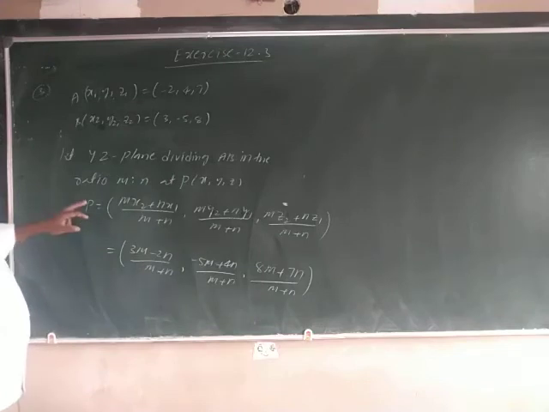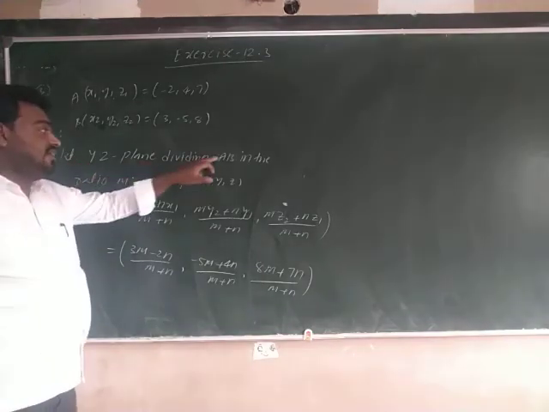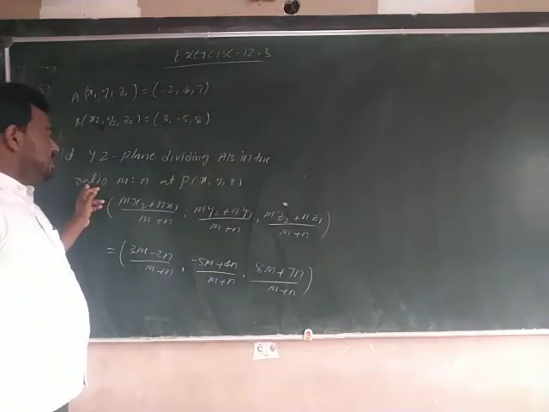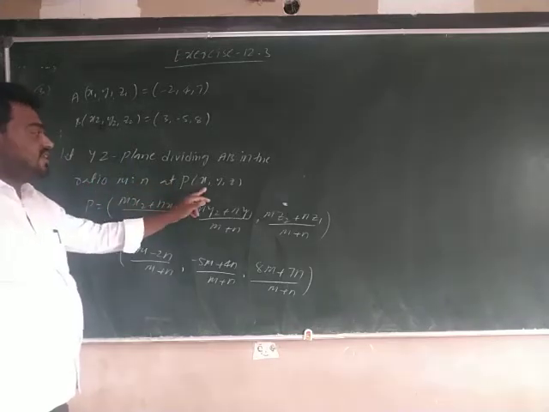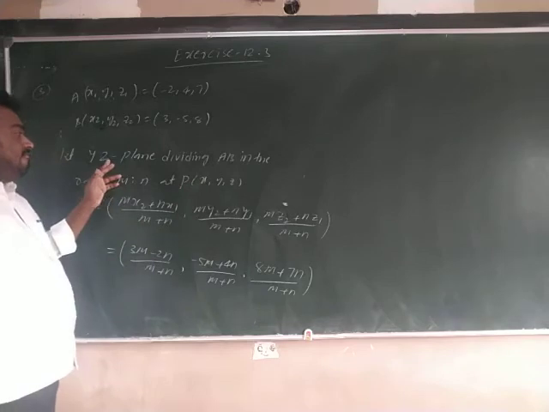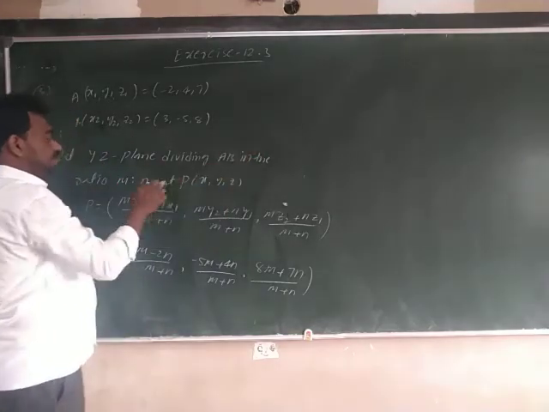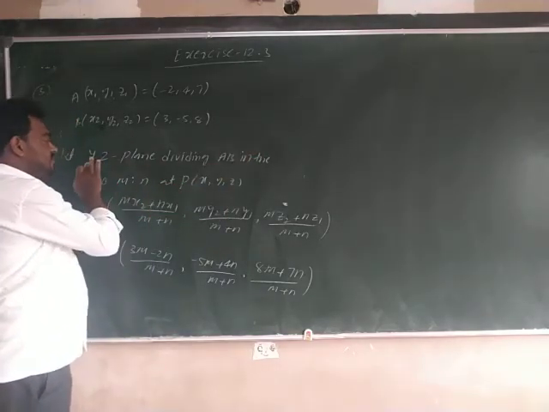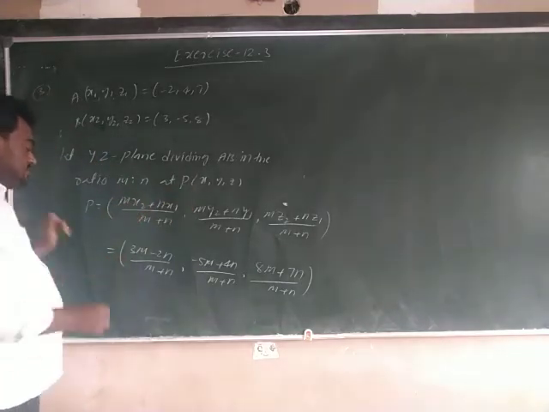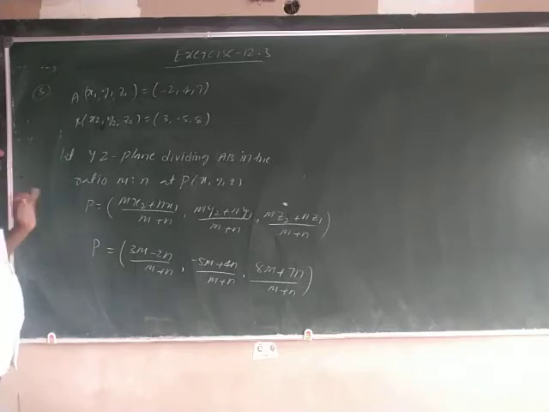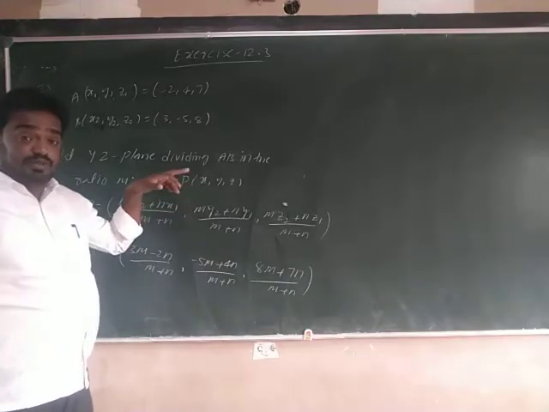Alright, so here you see the YZ plane divides AB in the ratio m is to n at P. P's coordinates are x, y, z. P is a point in the YZ plane. If P is a point in the YZ plane, then what about the x coordinate?